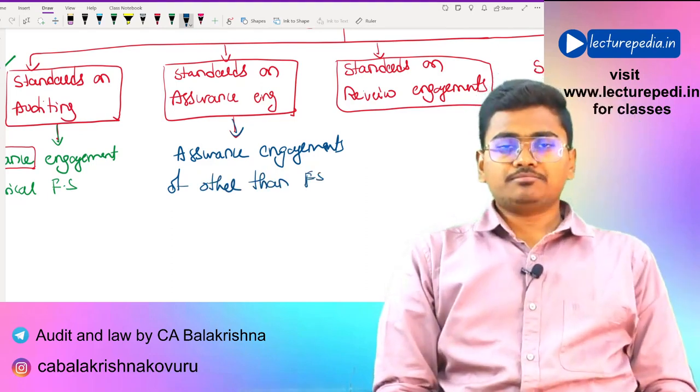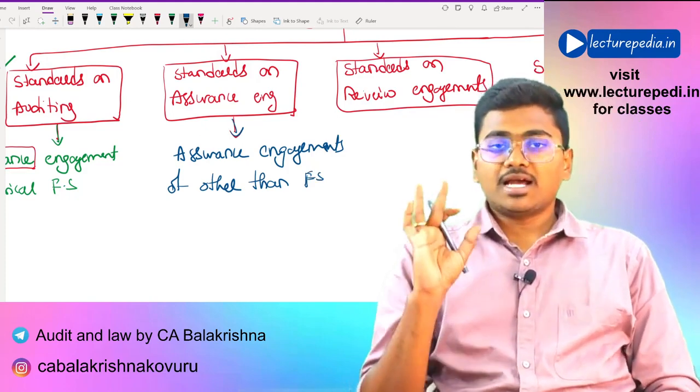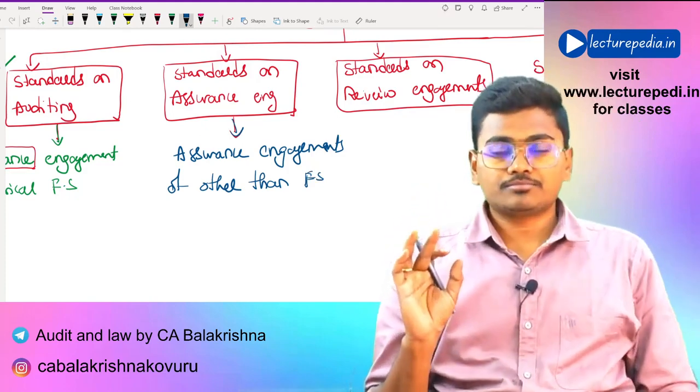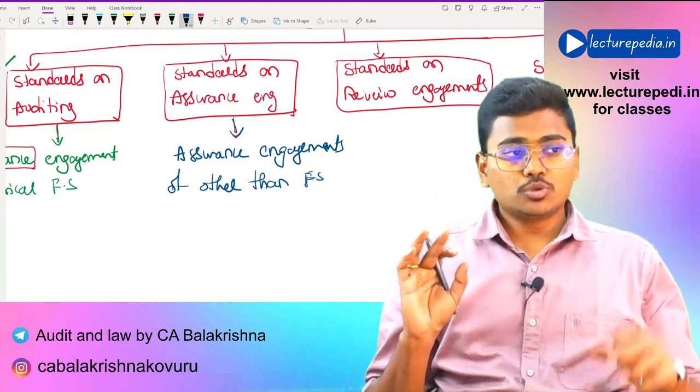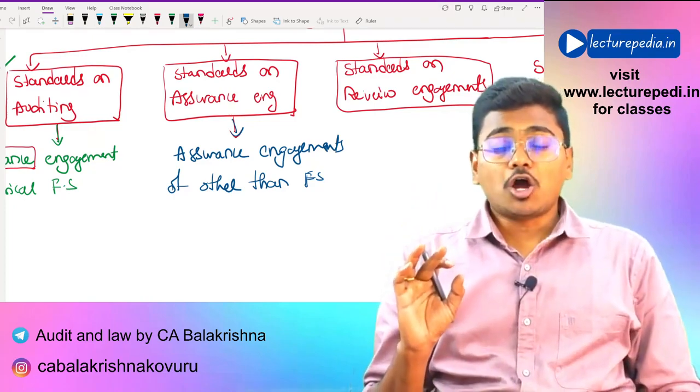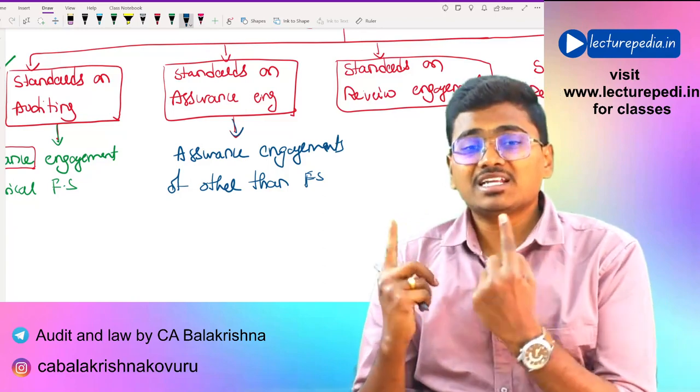Example: let's say management has appointed the auditor to give his opinion on the operating effectiveness of internal controls.